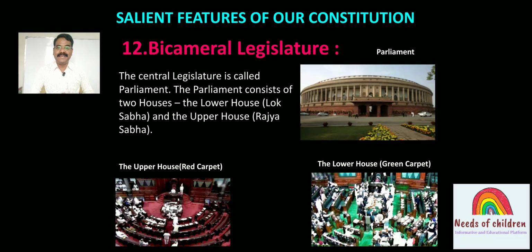And the next, bicameral legislature. The central legislature is called Parliament. The Parliament consists of two houses. The lower house is called Lok Sabha and the upper house is called Rajya Sabha.